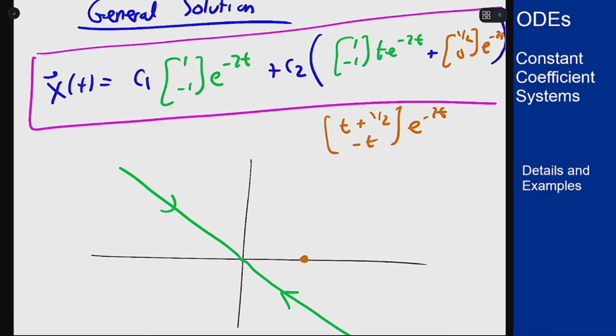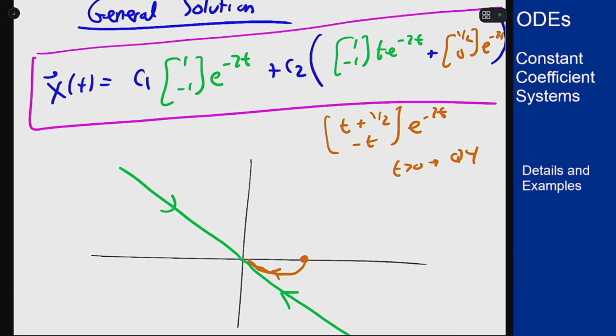And as t gets bigger, the first component will always be positive, and the second will always be negative for t bigger than 0. This means that for t positive, this is going to be in quadrant 4. And as t is positive, my solution is going in towards 0 because I have an e^(-2t) term on the front. This means I'm going to come in towards 0 in quadrant 4 and along the line like that.